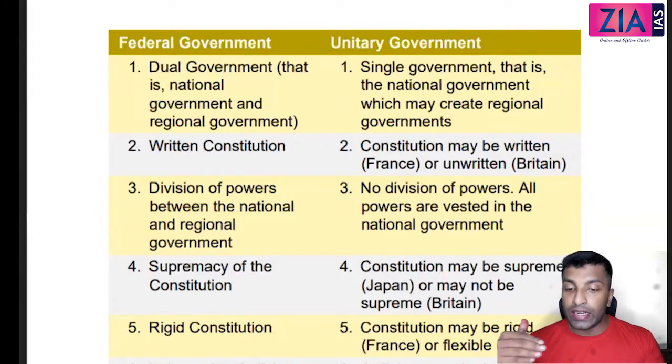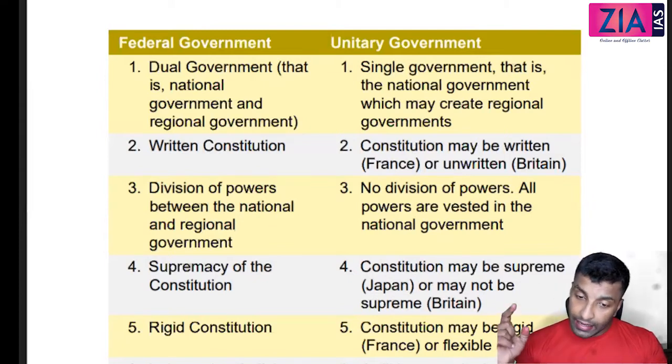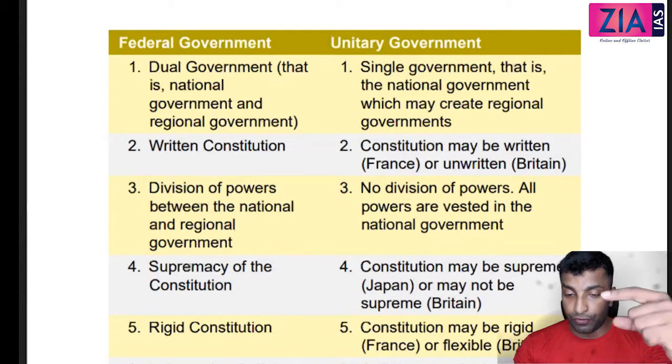For example, in 1919 at the provincial level, the governor was there and elected ministers were there. Similarly in 1935, diarchy was rule of two at the same level, at the central level: the viceroy was there, and at the same time elected ministers were there.